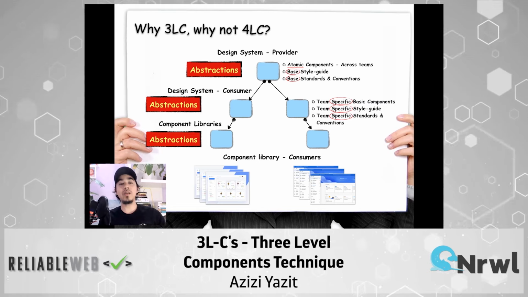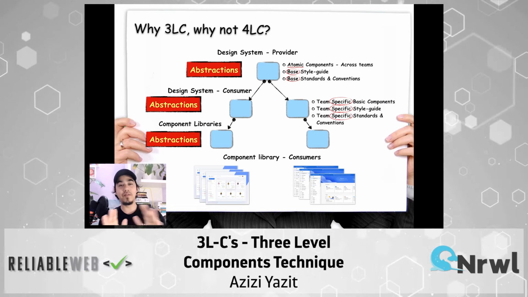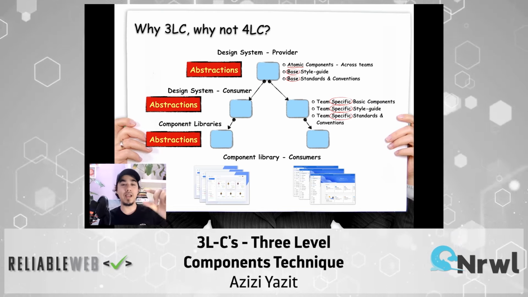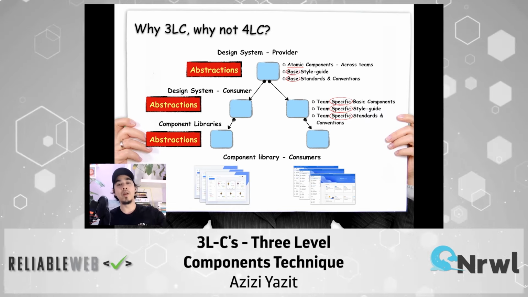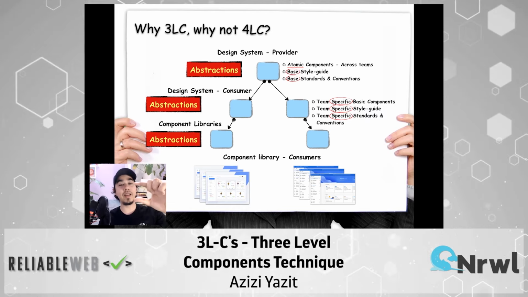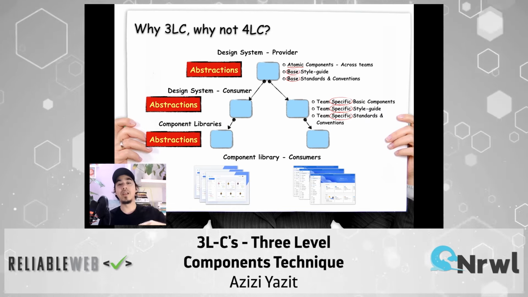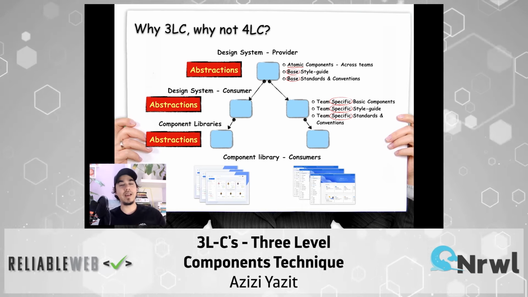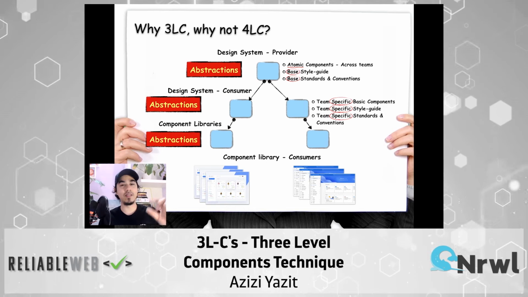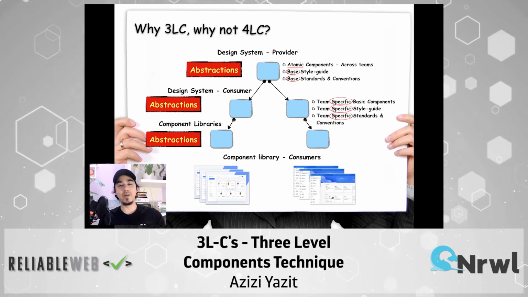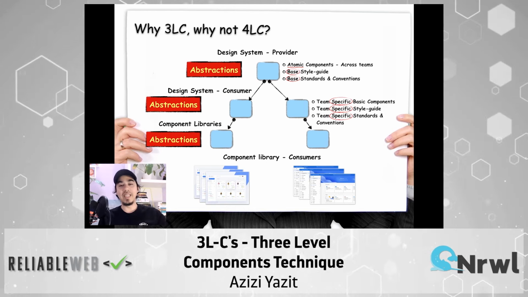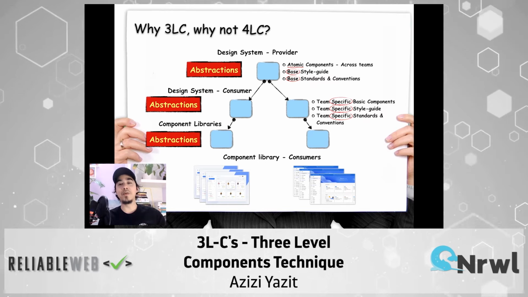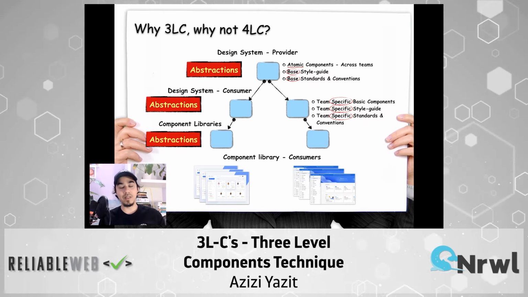So for the structure of a four-level company, usually they start with the design system, where this design system only provides the basic things and atomic components. What I mean by atomic components is simple components like button, checkbox, radio, etc. And these atomic components will be shared across all the teams.